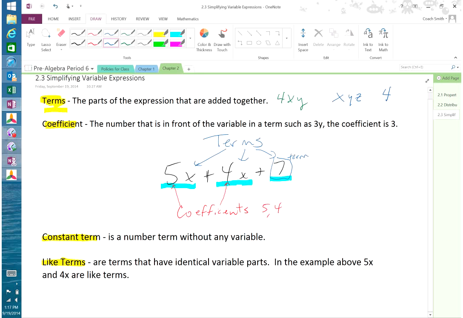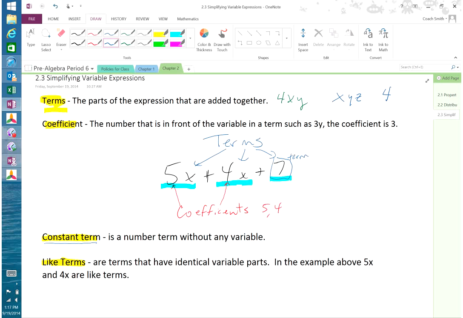We call that term a constant term, which is down here. When you just have a number by itself as a term, then it's constant. In other words, is there going to be any other value for the number 7? No, just 7. Now, if I have 7x, that's going to change with whatever x is. So it can't be a constant, because 7x means to multiply 7 times x.